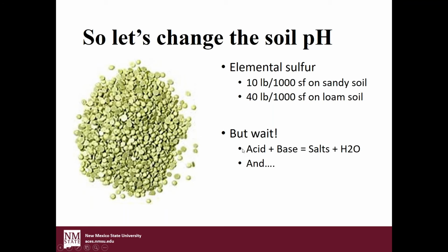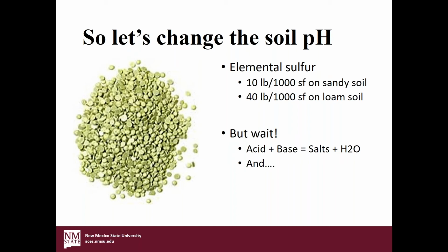Another way folks would like to lower the pH in soils that are high in pH is with elemental sulfur. The general recommendation is for sandy soils, you would need 10 pounds per 1,000 square feet of elemental sulfur, or for a loam, a higher clay content soil, about 40 pounds per 1,000 square feet.